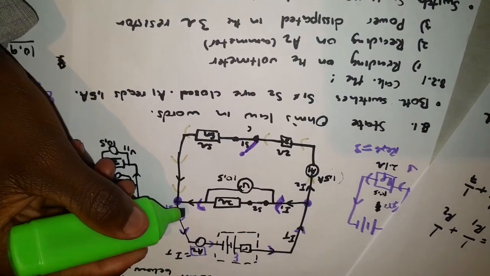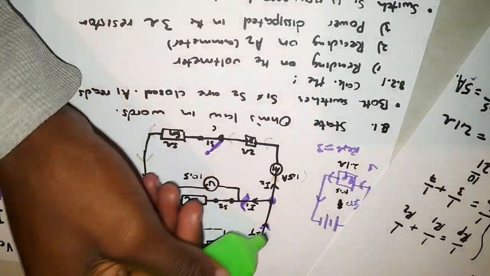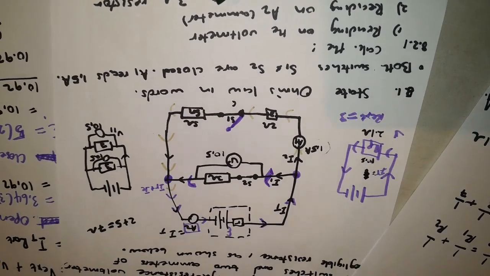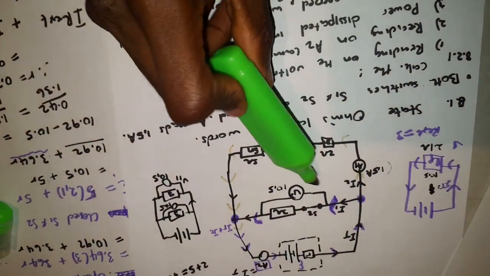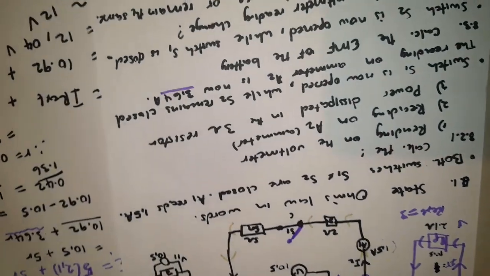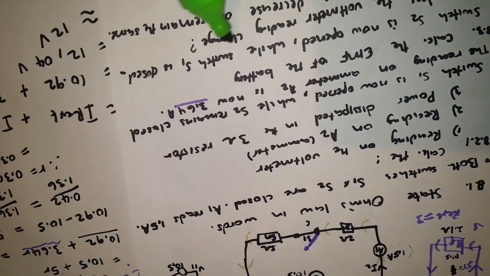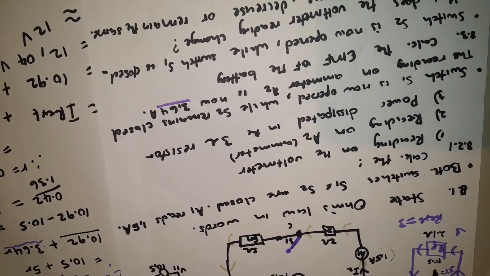We're only using that route, so this purple route is no longer working. We're not going to use it for this question. So S2 is now opened and S1 is now closed. How does the voltmeter reading change?